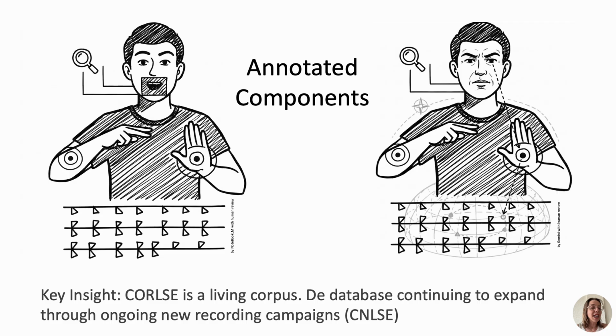They tag meaningful gestures known as classifiers, which are specific hand shapes used to represent whole classes of objects. Every single visual twitch or hand shape is meticulously catalogued in a specific tier in the software, so everything stays completely consistent across the entire database.